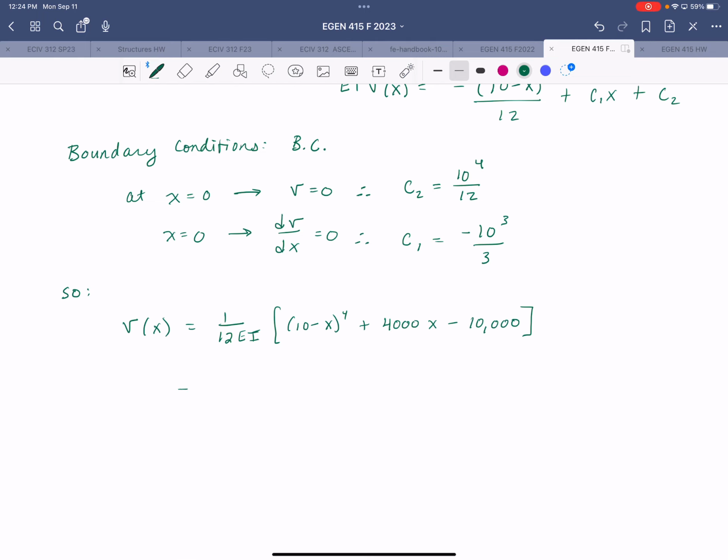Or you could simplify it differently, and maybe it looks something like 1 over 12 times x squared over EI, and then after factoring that out, you'd be left with 600 minus 400x plus x squared.